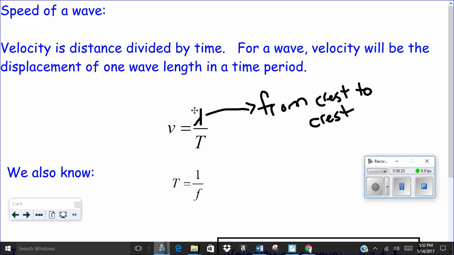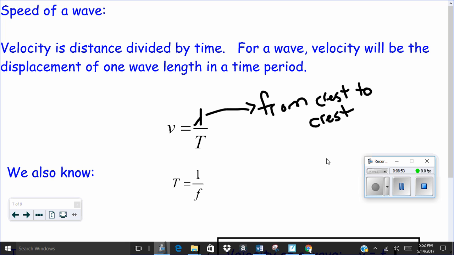So a wavelength is depicted with this symbol lambda. And again, it's a measurement of the crest of one wave to the crest of another wave, or from equilibrium to maximum, back to equilibrium to a minimum, and then back again. That's a wavelength. Capital T is time period, how long it takes for the wave to travel a wavelength. Divide those two terms, you get the velocity.